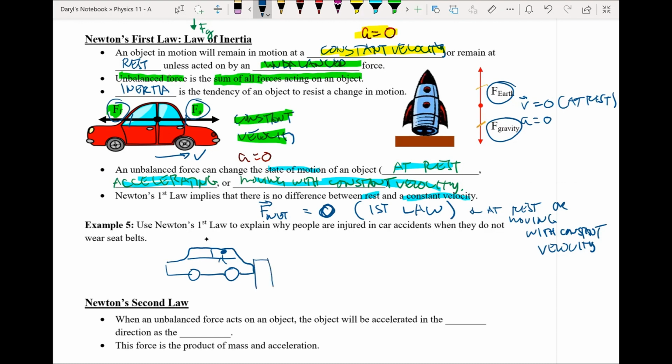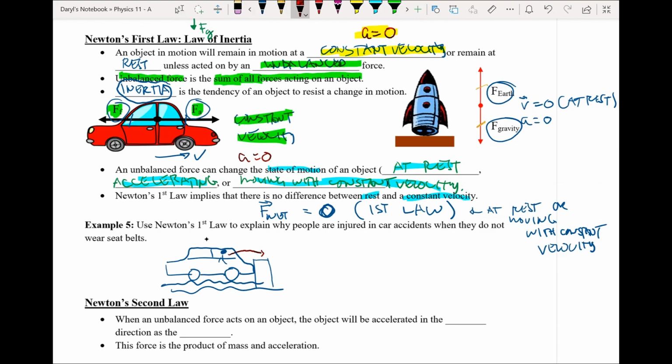Okay. If it hits that barrier, the car will stop. But since, due to inertia, it's just a property of objects, you will be moving outward. Okay, because of your inertia, you tend to move forward.